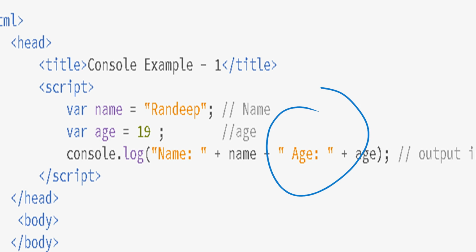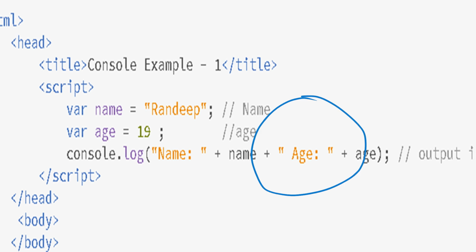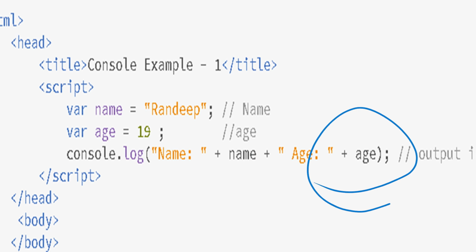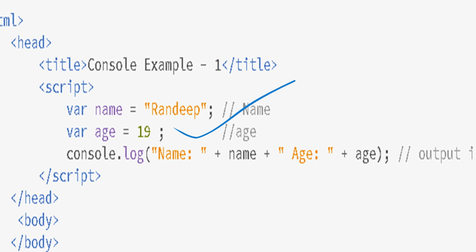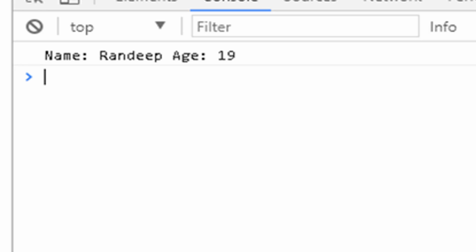So here you can see I have used age in the quotation marks, followed by a plus. That means after the value Randeep, it must print age, and after that it is followed by the age of the character, which is 19. Okay, so it should print name Randeep and age 19, right? And here you can see the output, the name is Randeep and the age is 19.